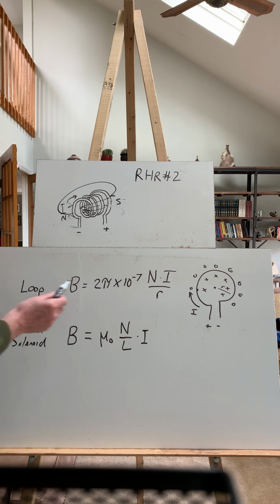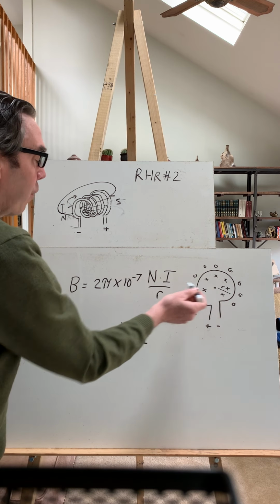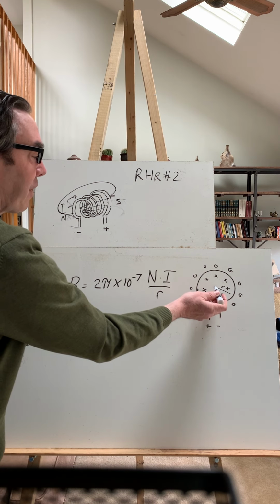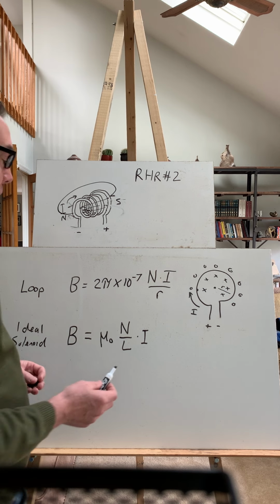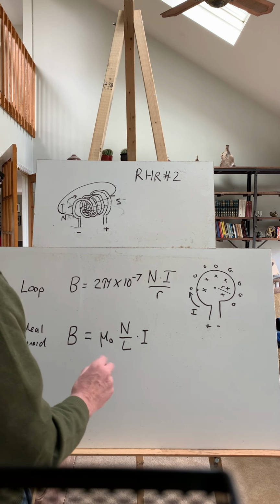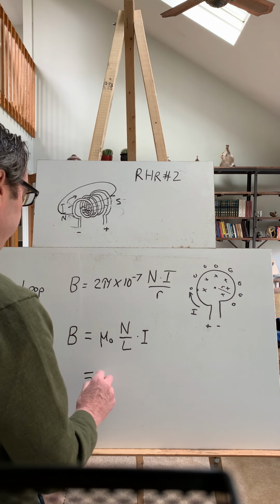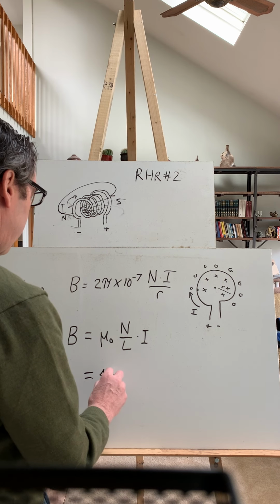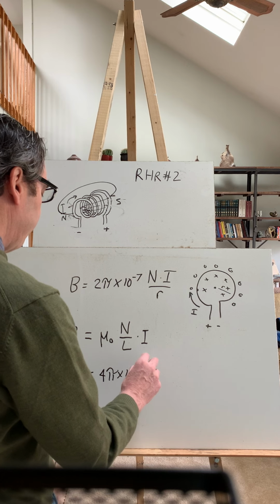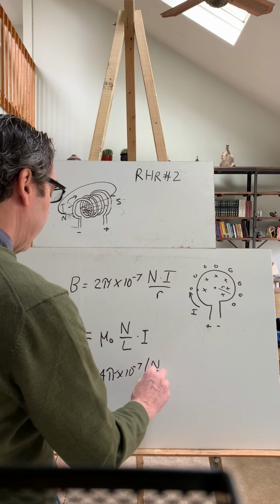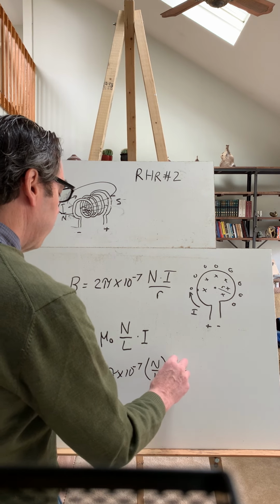So for just loops of wire, this formula gives us the magnetic field at the center of the loop. For an ideal solenoid, we can use this formula. And your book will tell you if they're talking about a solenoid. And we know that mu 0 equals 4 pi times 10 to the minus 7th, times n over L times current.